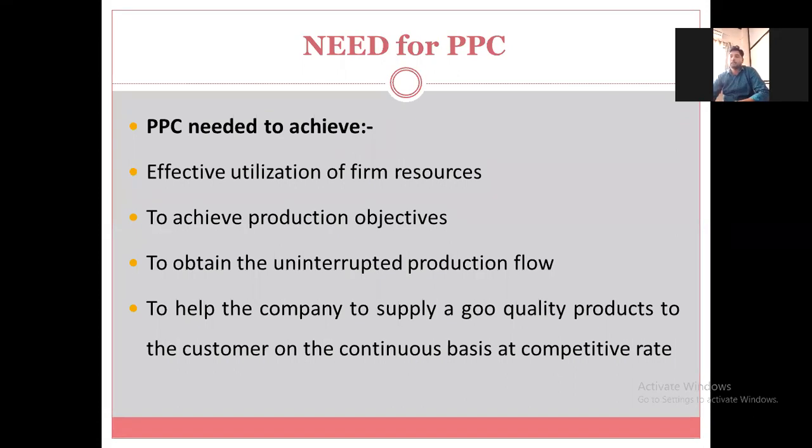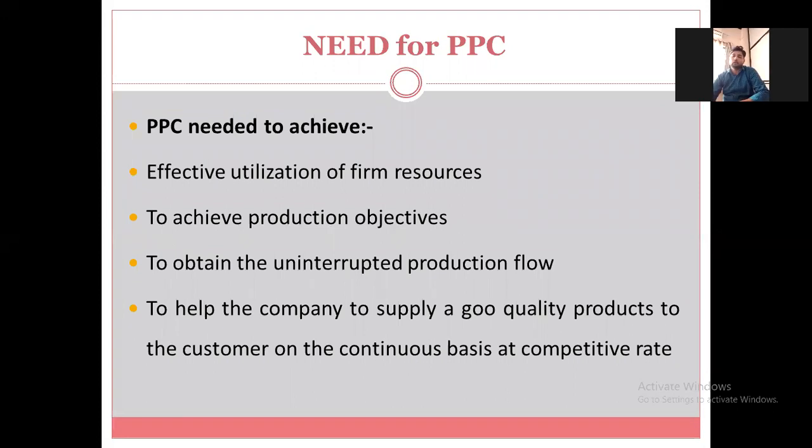And that will help you to produce the product at a constant or required rate, and to supply a good quality product to the customer on a continuous basis at a competitive rate. So effective utilization, achieving the production objectives, and uninterrupted flow will help you to satisfy the customer's demand and quality demand, and you can achieve the lowest rate in the market for that product compared to your competitor.